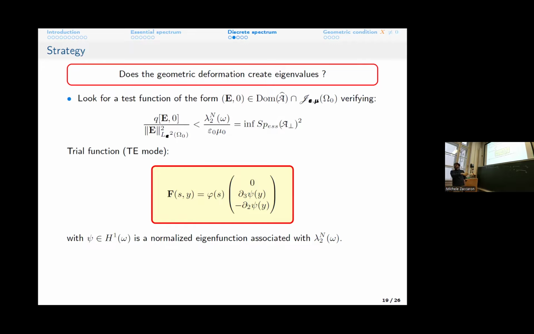This is a generalized eigenmode associated with this value of the essential spectrum. You can build a Weyl sequence that converges to this. And yes, so the idea is hopefully maybe we take the generalized eigenvalue that gives us this quantity in the spectrum in the standard case.